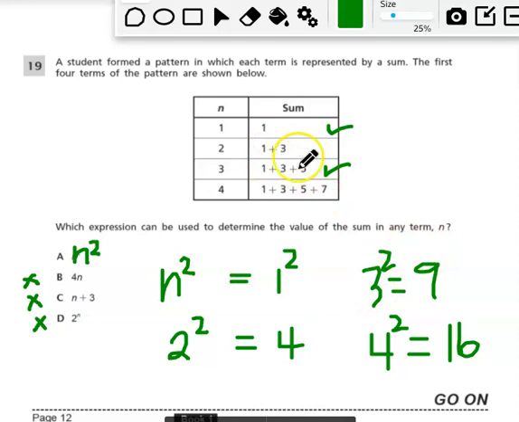And then what if n is 4? So n to the power of 2 is 16. Therefore, whatever number you have, let's say it's 6, then the answer is going to be 36. If that's 100, then that's how it is.